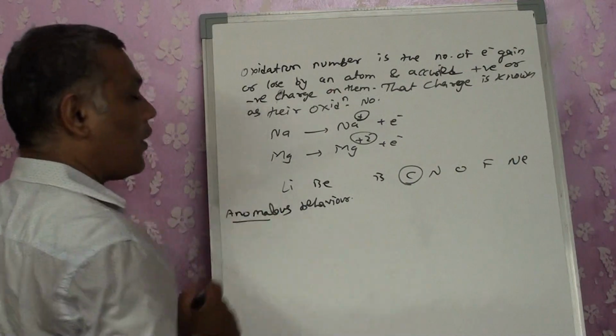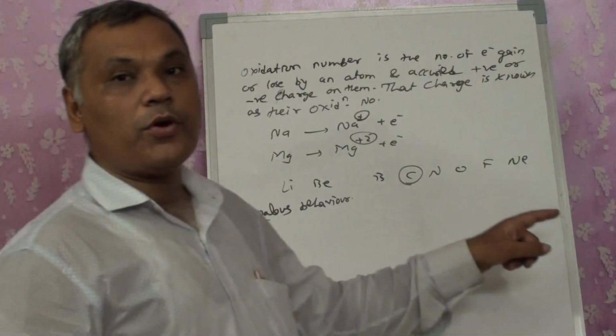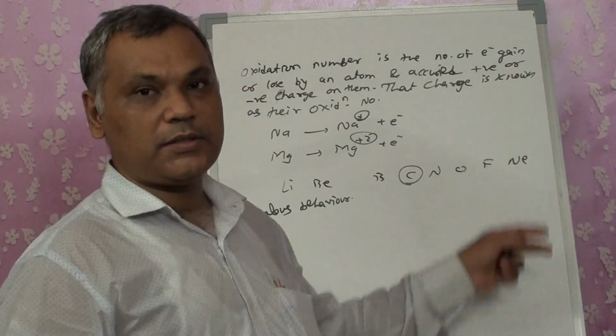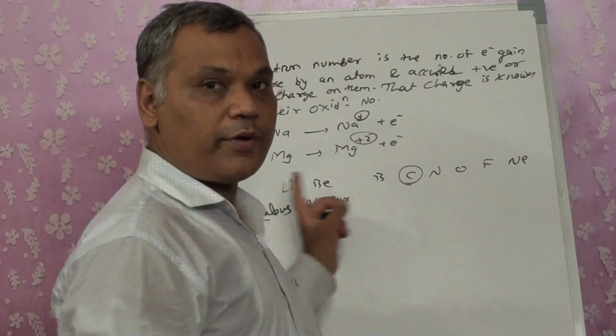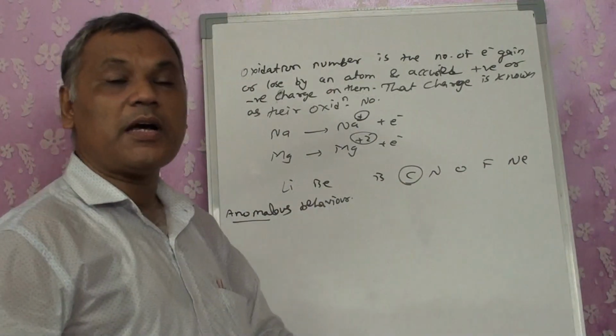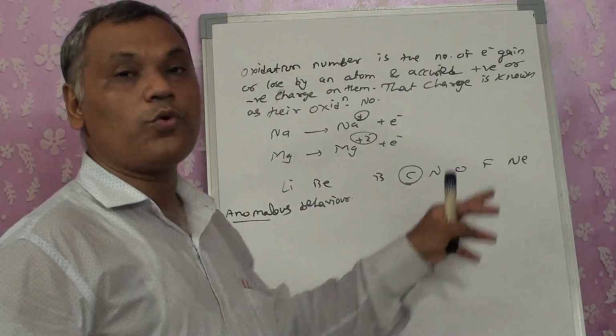Now what is the meaning of anomalous behavior? Actually we know that in the periodic table when these elements are placed, their properties are the same as their elements in the same group. But these elements, particularly in this period, are having certain properties different than their own groups.